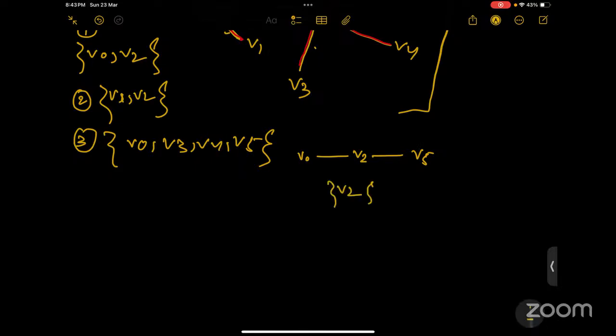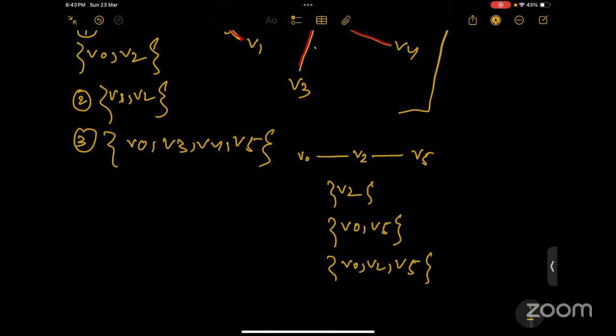Again, we can take V0, V5, and it will again cover the edges. Again, we can take V0, V2, V5, and it will again cover the edges. So our aim is to cover all the edges in the graph.